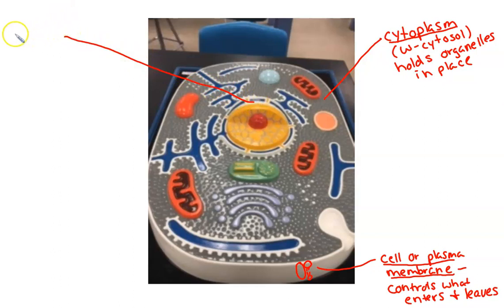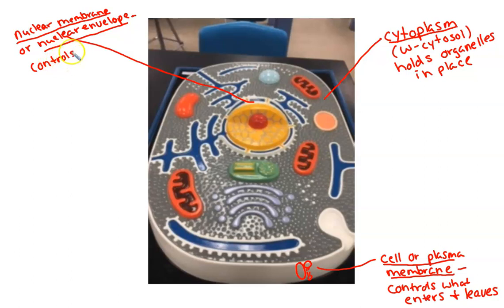This is called the nuclear membrane or the nuclear envelope. Nuclear membrane. It's just kind of like the cell membrane. So this is an outer part of the nucleus, or if you prefer, nuclear envelope. Either one's correct. Some of you may have heard one or the other. And just like this controls what can come and go in the cell, this is going to control what goes in and out of the nucleus.